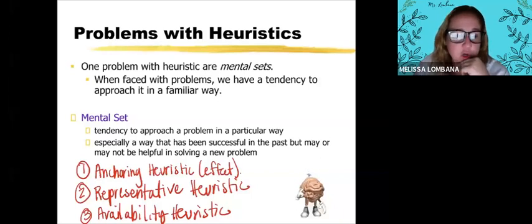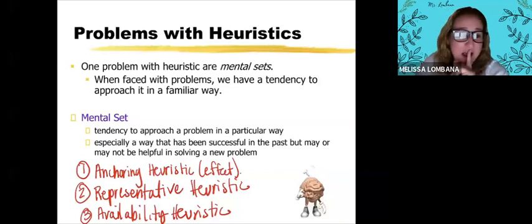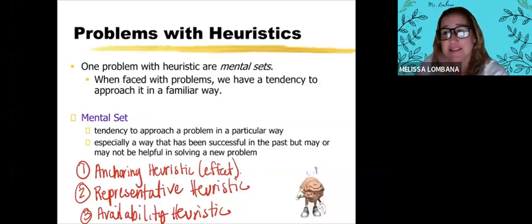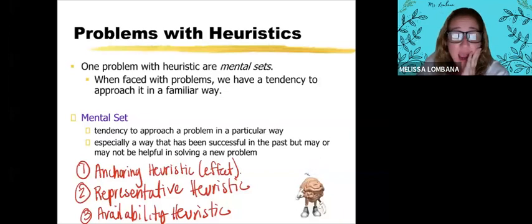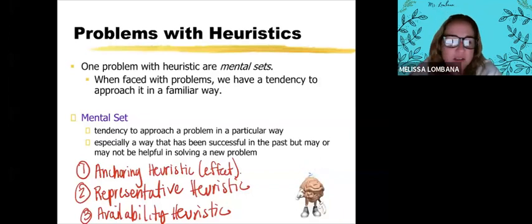So this one, you guys will see, is going to be my terrorist story. Or it's not even terrorist, it was like hijacking. I thought we were getting hijacked. And this has to do with, obviously, the availability of the memory of what had happened to me. So we'll discuss in class.